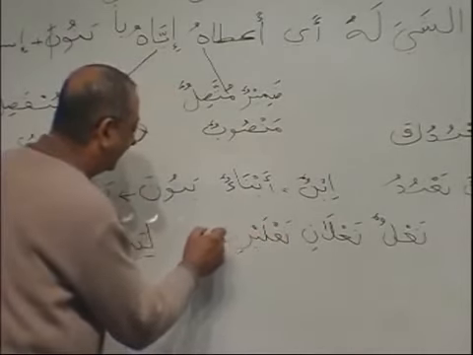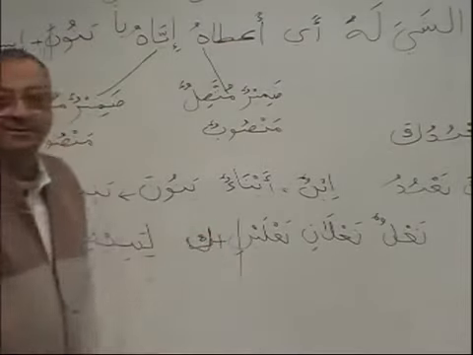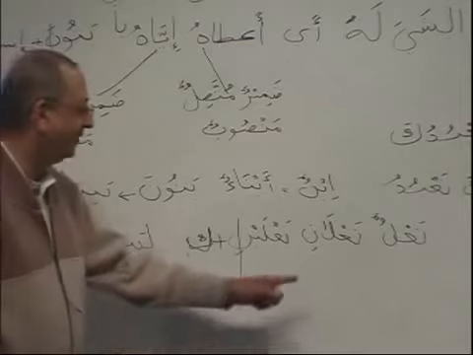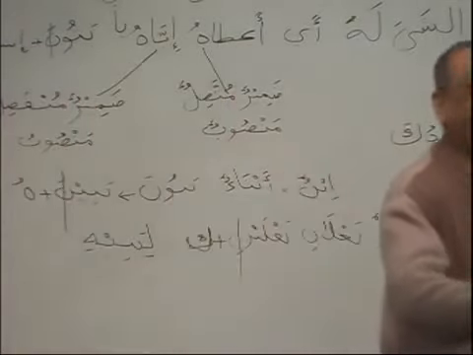Put ka here. You will drop this. So it became na'alayka. Remove your shoes, two of them. Are you with me, brothers and sisters? Remove your shoes. Allah subhanahu wa ta'ala is telling Musa alayhi salam.